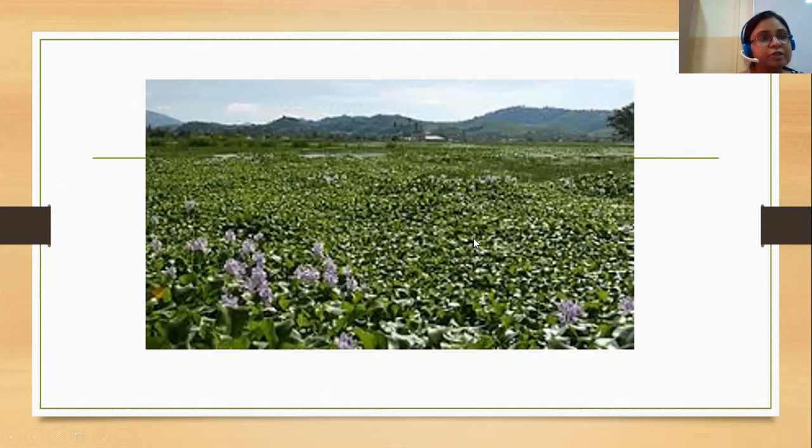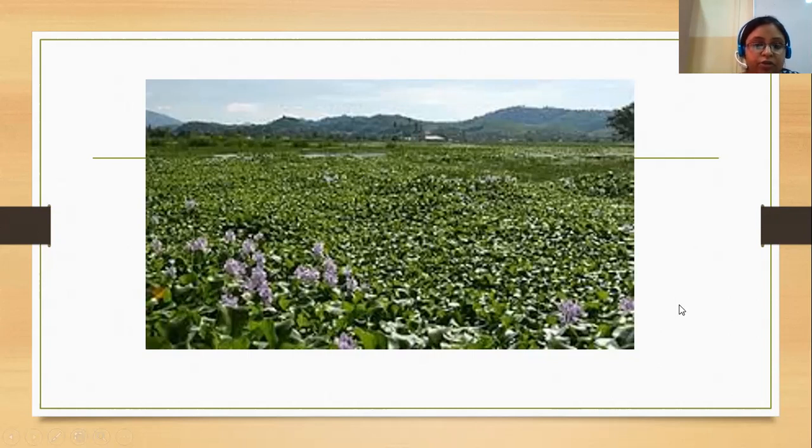Fine. So now it has become a nuisance for us. It has become a weed for us, and it is also causing pollution of our rivers, our lakes and freshwater bodies. Fine. So in order to clean our rivers, first we have to eradicate all this nuisance-creating Eichhornia, and it costs a lot.